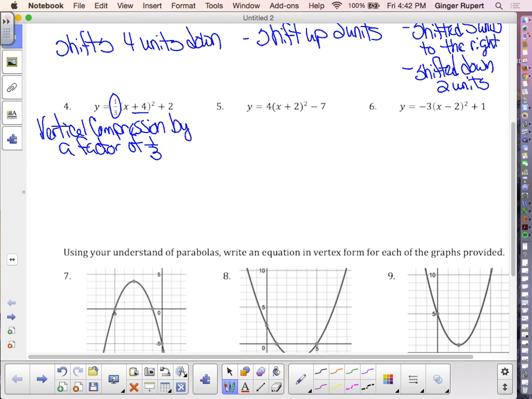The plus 4 tells me that it is shifted left 4 units. So it shifts 4 units left. The plus 2 tells me it shifts 2 units up.